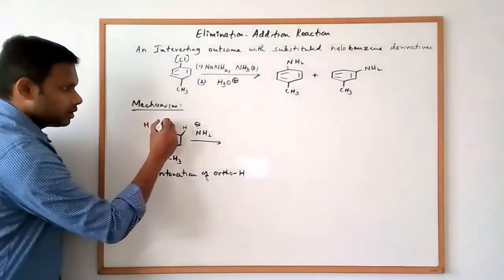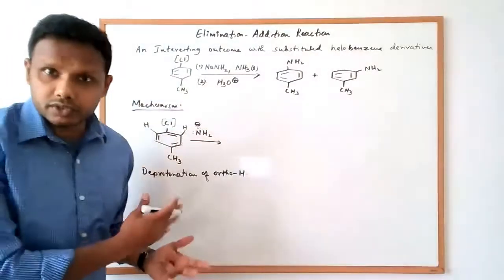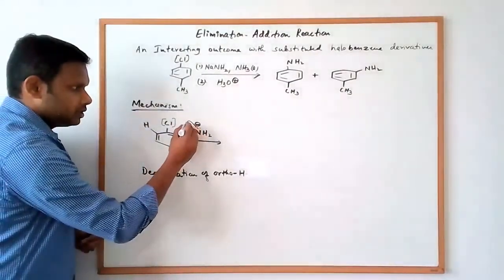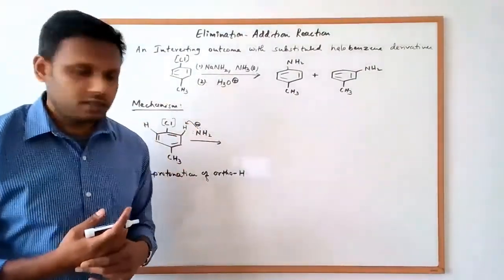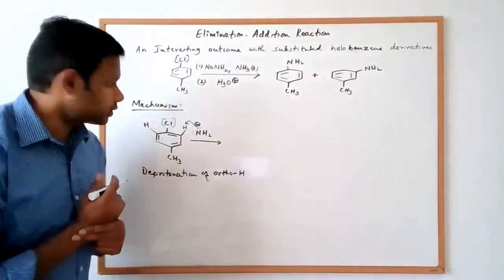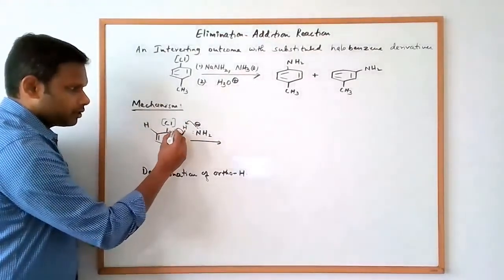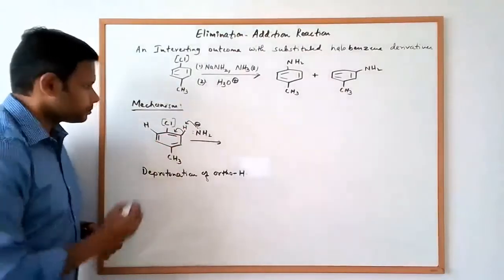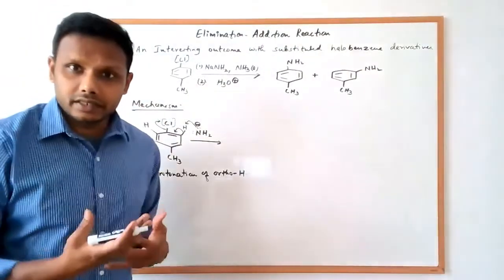When we consider the leaving group here, there are two possible ortho hydrogens for this molecule. So in the first step, the base deprotonates one of these ortho hydrogens. It doesn't matter which one it deprotonates; they're both equivalent here because it is a symmetrical molecule. As the base deprotonates that hydrogen, the electron pair in this bond falls into the space between the two carbons here, and the chlorine group is kicked out.